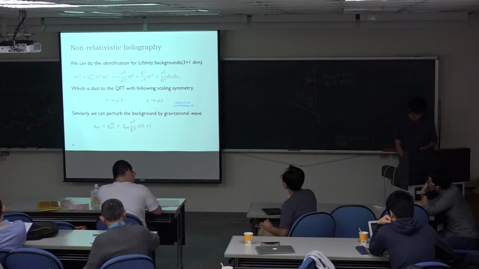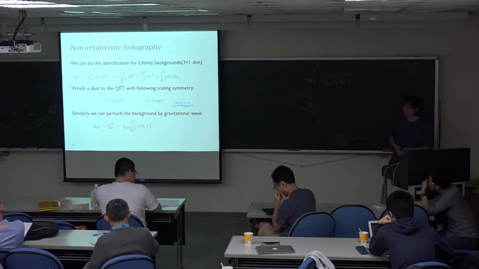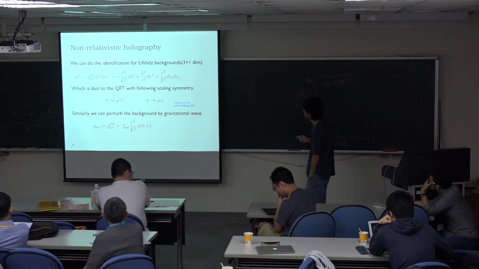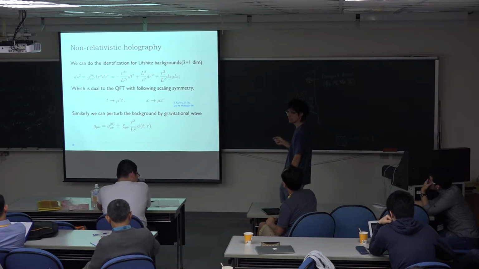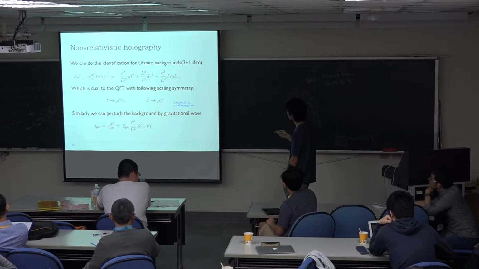Okay, so we also generalize this calculation to the Lifshitz background because it's also interesting to know. This is the background for the non-relativistic CFT. So it will also be interesting to know whether the energy condition is satisfied in those non-relativistic theories. To generalize to this case, you just modify the metric to the Lifshitz metric.